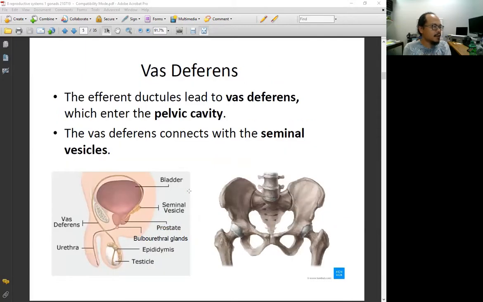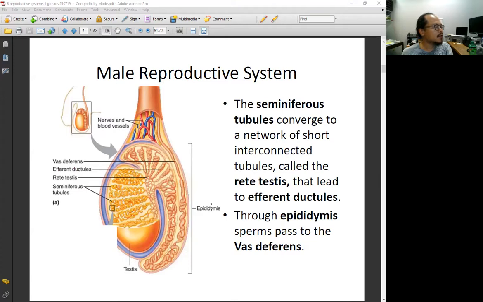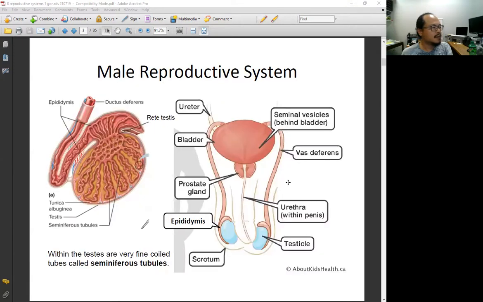So after the sperm goes through the Vas Deferens, here is called the Vas Deferens. It can also be called the ductus deferens. Okay, it can be called the Vas Deferens or the ductus deferens.